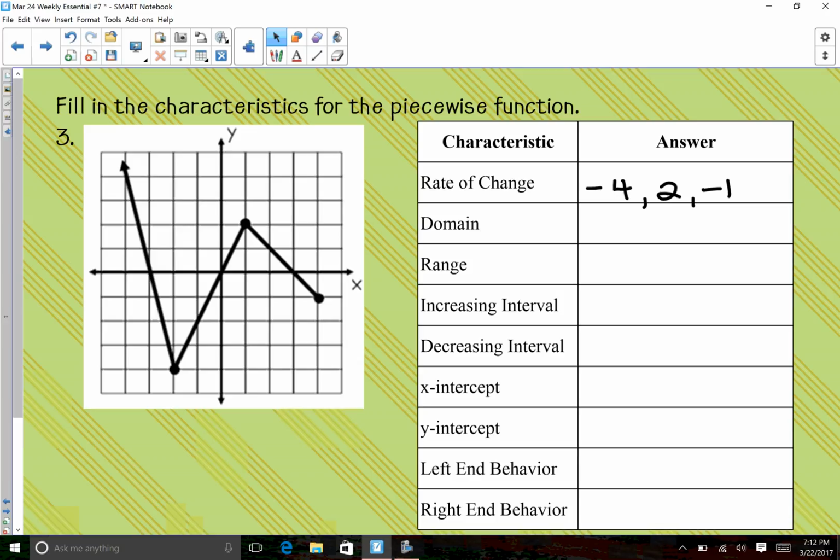Our domain. Now remember, the domain would be the x's that are used in this graph. Now, notice my x's for this graph are going from here to here. So reading your graph from left to right, my domain's going from -infinity, because notice on the left there's an arrow.